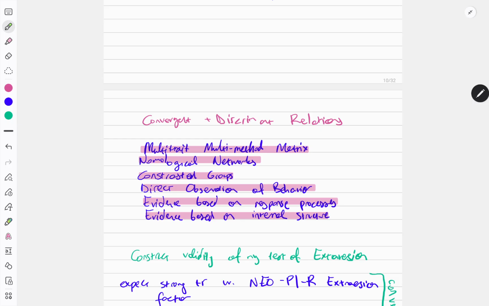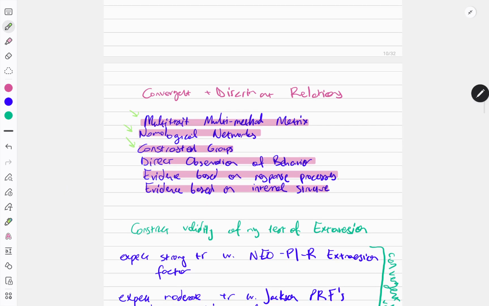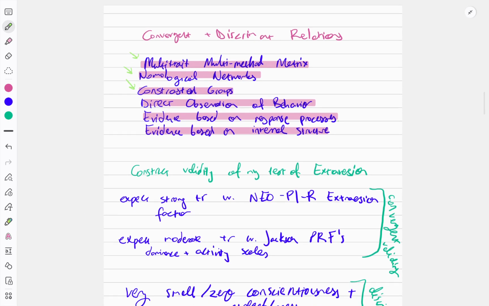We have a lot of methods, as you can see: the multi-trait, multi-method matrix, nomological networks, contrasted groups, direct observation of behavior, evidence based on response processes, and evidence based on internal structure. We're going to go through all of these, but first let's go through convergent versus discriminant relationships.